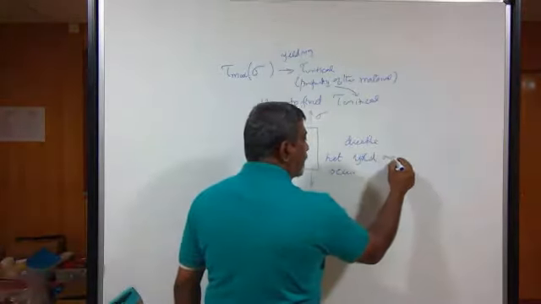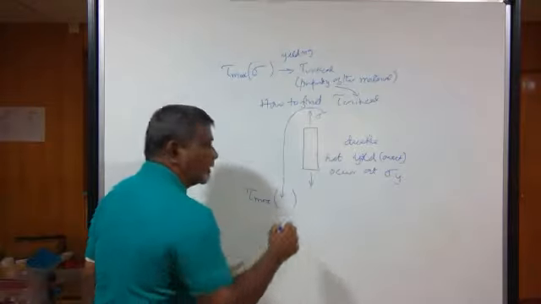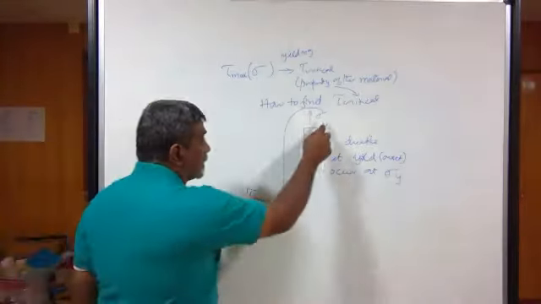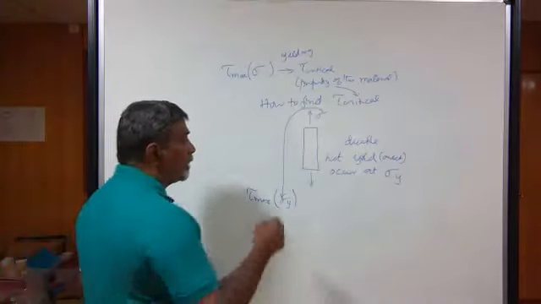Now let's examine this particular condition. I need to find out tau max for this stress. And this stress is now reaching sigma y. I want to find out the maximum shear stress for this particular sigma y. How does it occur?